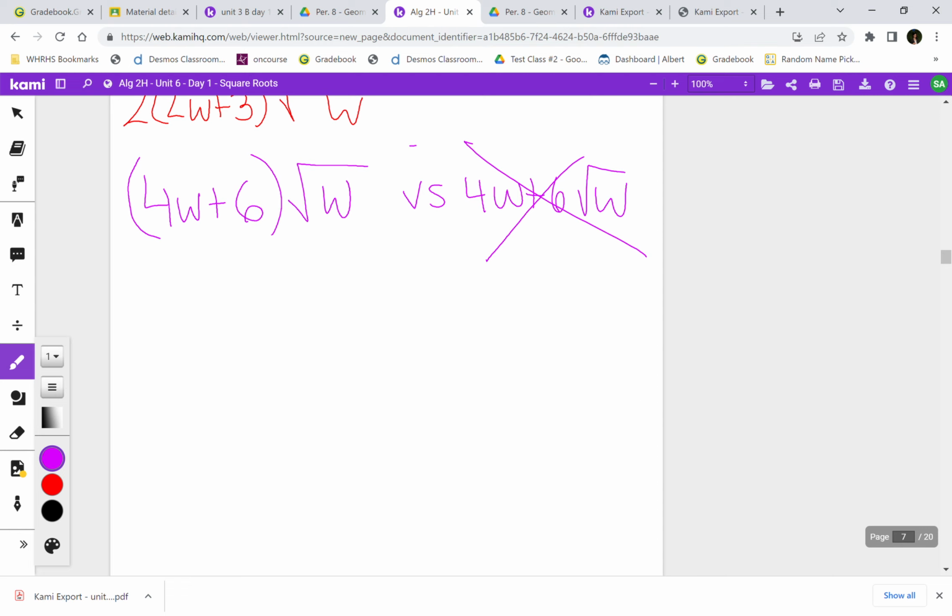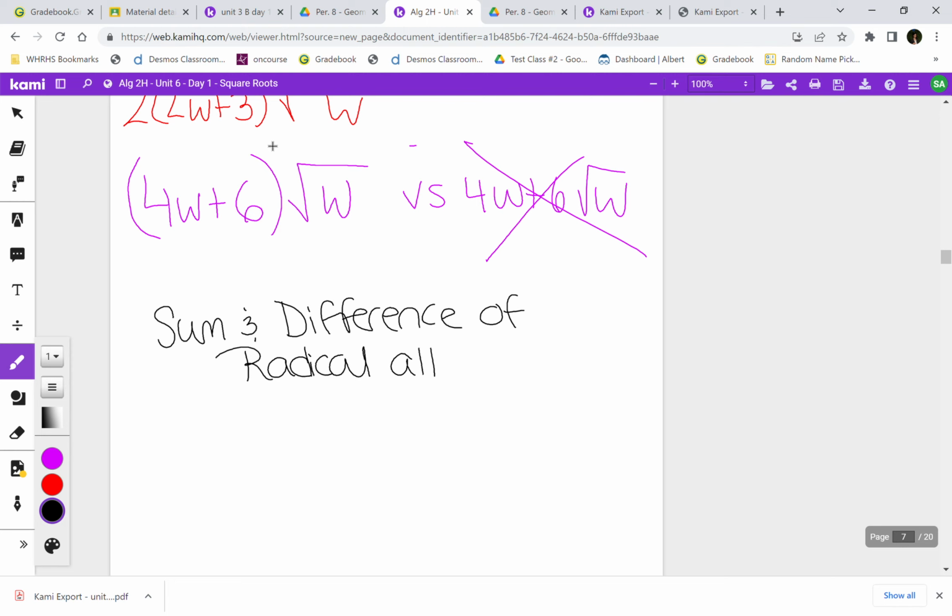All right, so moving on, next one, let's talk about simplifying sum and difference. Once again, all variables will be greater than or equal to 0.